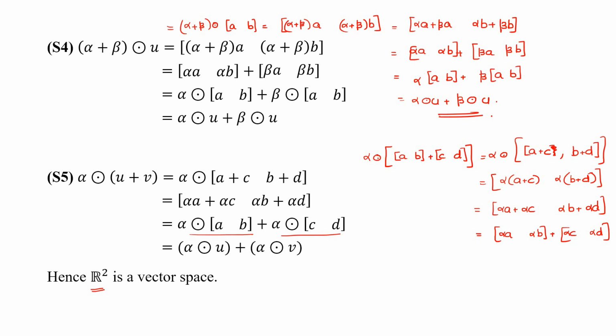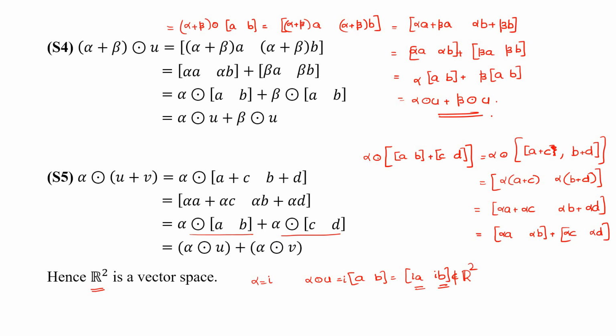Suppose we consider the set of all complex numbers as the scalars, then R2 will not be a vector space because the closure under scalar multiplication will not be satisfied. That is, suppose we consider alpha as i, then alpha dot u is equal to i times (a, b), that is equal to (ia, ib), which is actually not an element of R2 because ia and ib are not real numbers.